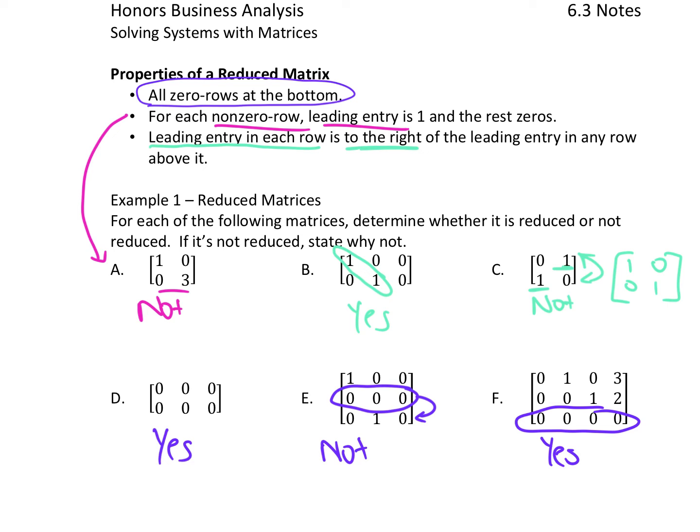Probably a bad explanation, but same thing as F. If you go down this one, the first leading entry, the first number kind of goes off to the right there. There's nothing to the left on any of the bottom rows. So for that, you just need to be able to say, is it reduced, yes or no? I don't really need you to tell me why not, but I explain the rules using that.